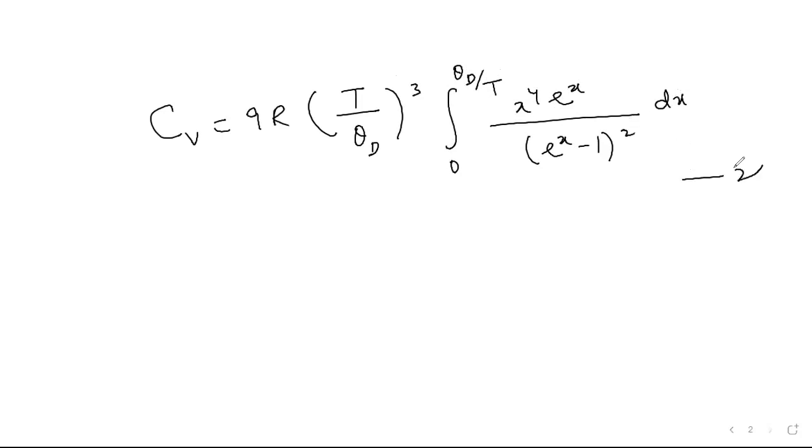I will name it equation 2. Let me check it. Cv is equal to 9R T over theta d whole cube, then I have the integral 0 to theta d over T of x4 e raised power x over e raised power x minus 1 whole square dx, right?